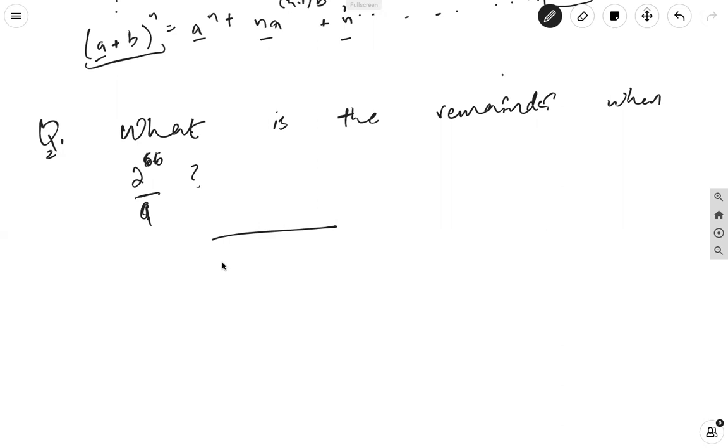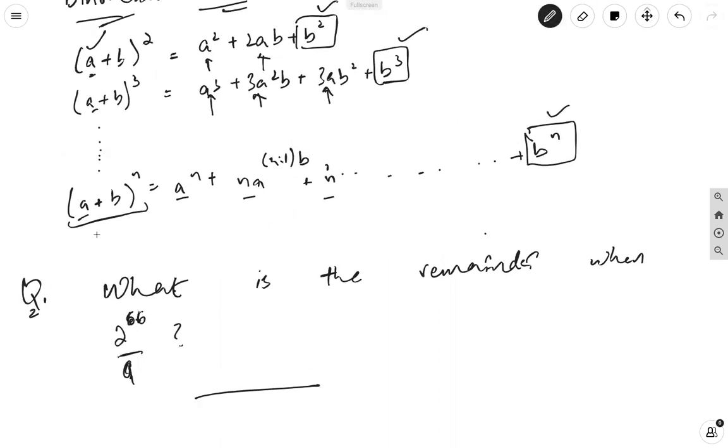Okay, so how do you solve this question? There are usually two methods to solve this question. More than two, but we will consider two methods. One method is by seeing the cyclicity, just see the last digit, but we will not do that method. We will try to solve this using the binomial theorem, right?